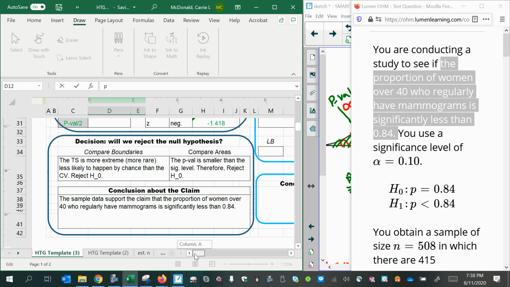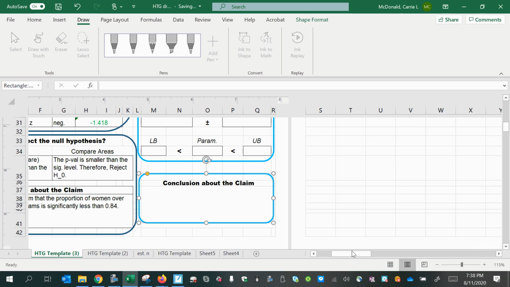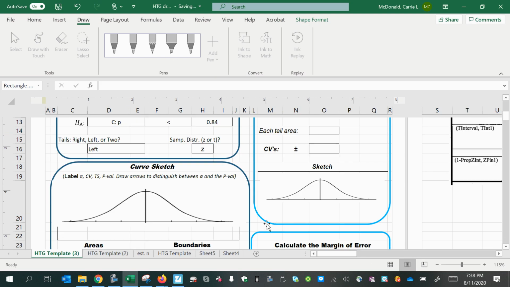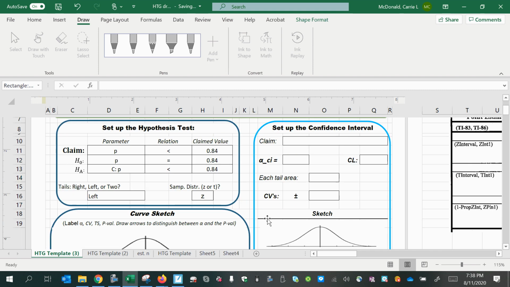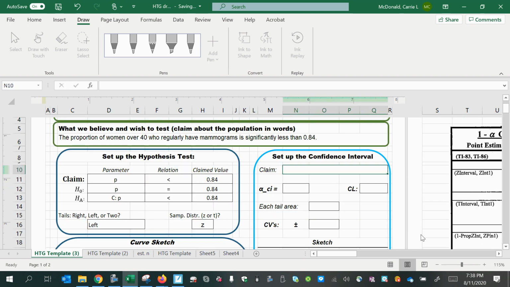Now sometimes you may also want to do a corresponding confidence interval. So we have another part of this page that we can do the confidence interval that would be suitable to match up with this hypothesis test. So the claim in this case was that P is less than 0.84.